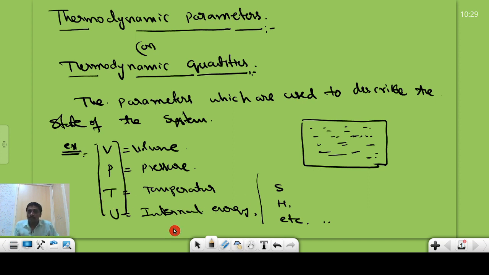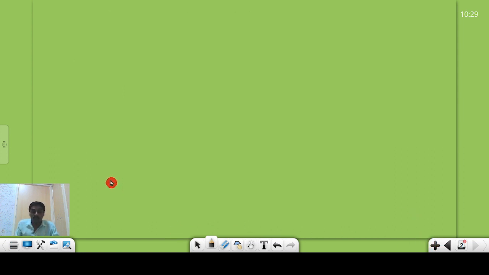Now the thermodynamic quantities are classified into two groups. Let me go to the two groups of thermodynamic quantities. There are basically two types of thermodynamic parameters. The first group is intensive properties, or intensive parameters.